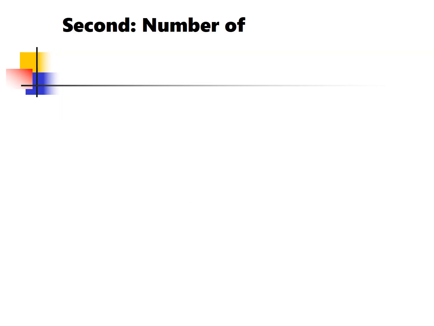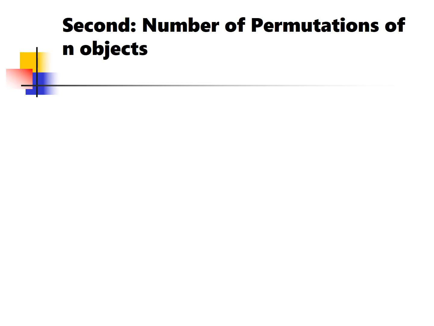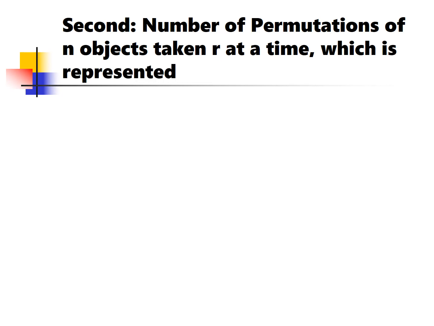So, meron na tayong first formula, ha? That is about n factorial. Ano naman ang second? The second is to determine the number of permutations of n objects taken r at a time, which is represented by P of n, r.